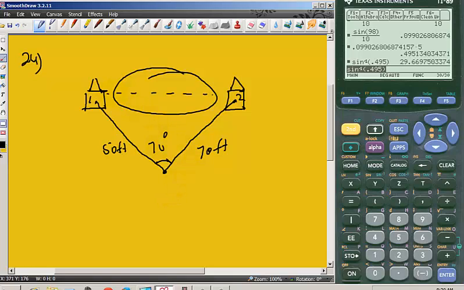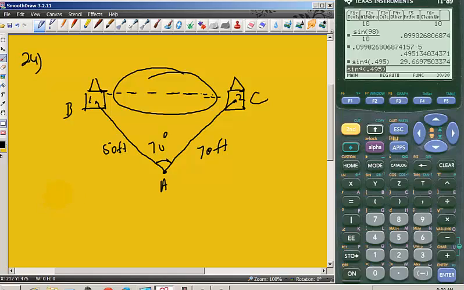Okay, now we can find how wide the lake is by using law of cosines. Because I have an angle but I don't have a side across from that, so I have to go law of cosines. So let's call this A, call this B, call this C. That's a triangle.